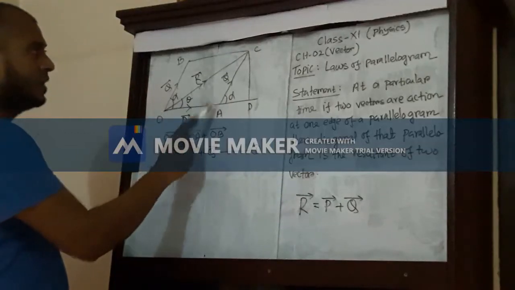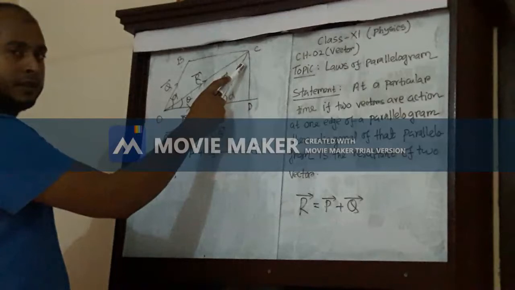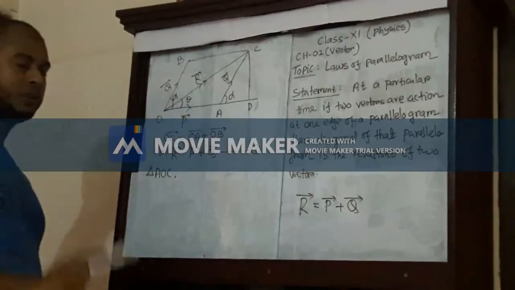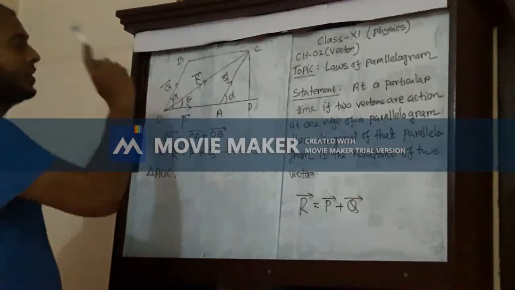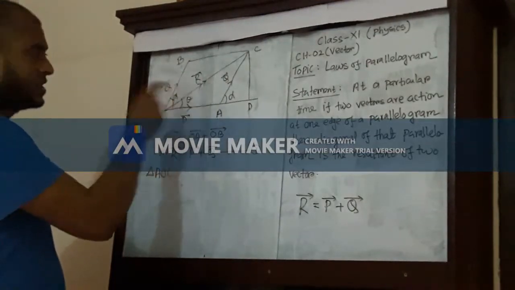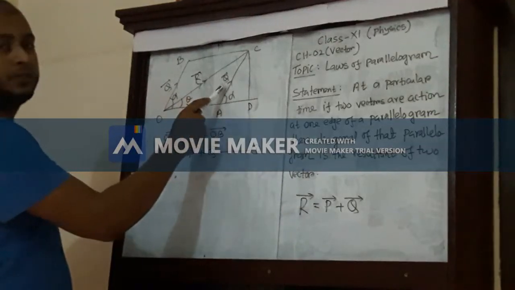OA plus AC, indicate two vector at same direction, then the third arm of the triangle indicate the resultant of these two vector.